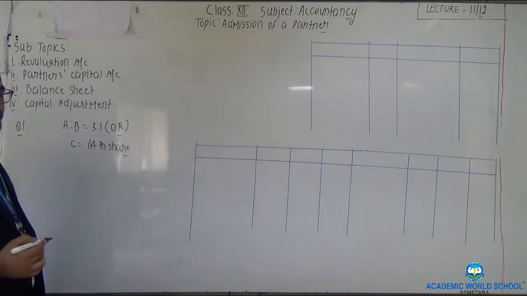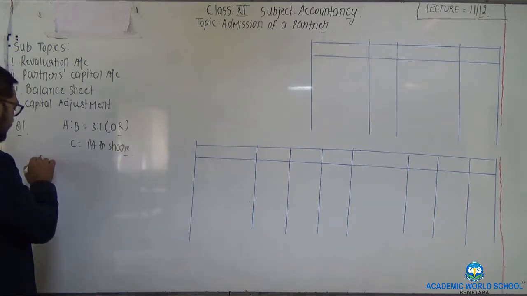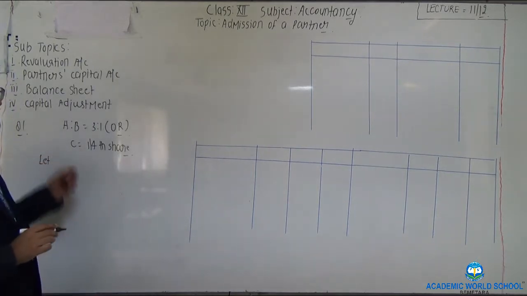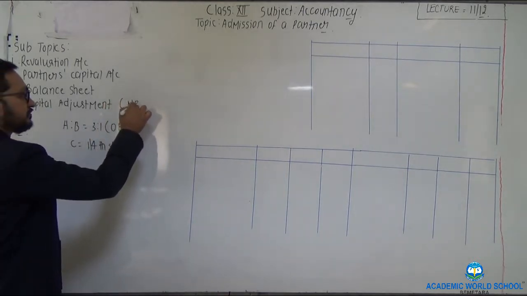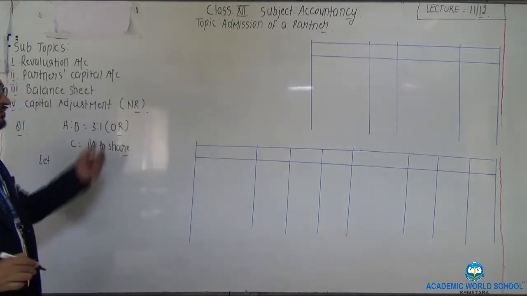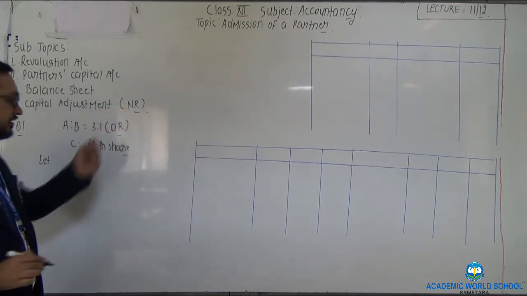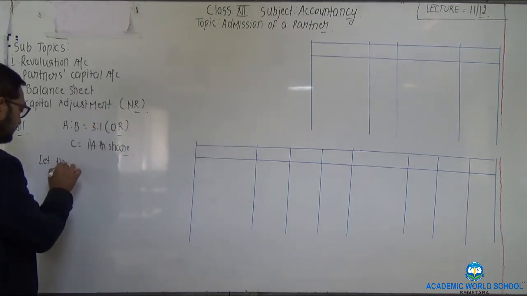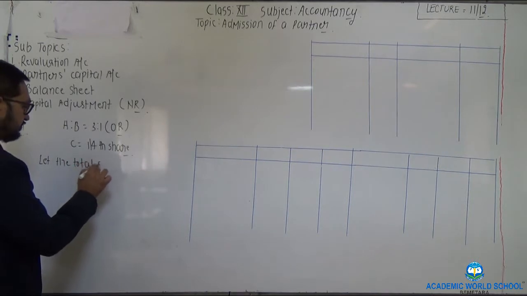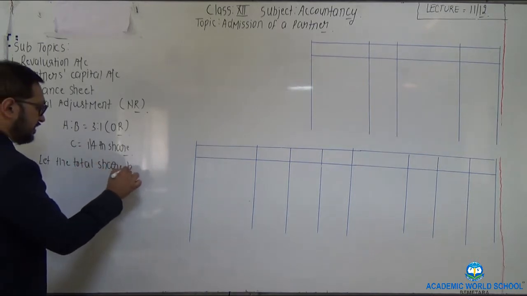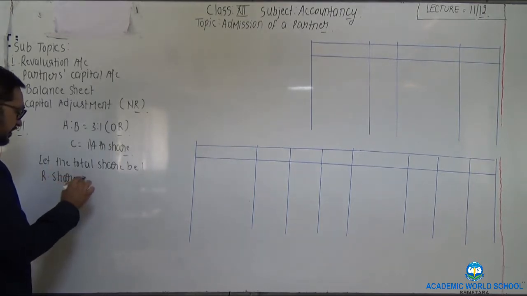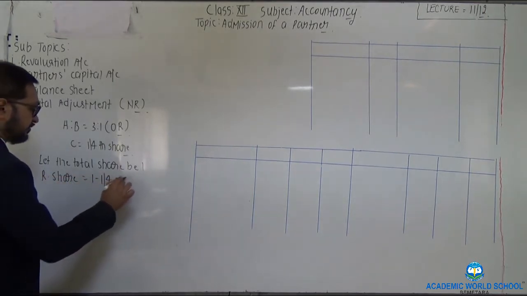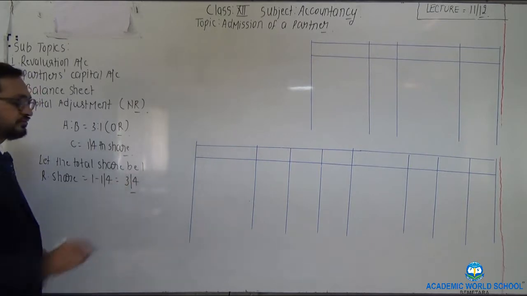So as you all know, firstly we need to calculate the new profit sharing ratio, as capital adjustment should always be solved through the new ratio. Okay, so let the total share be 1, so remaining share would be equal to 1 minus 1/4, that is 3/4.